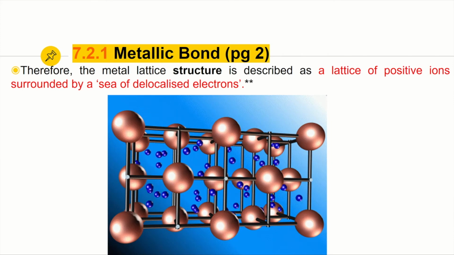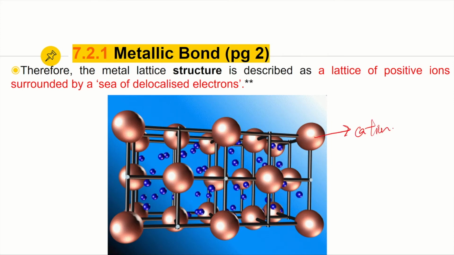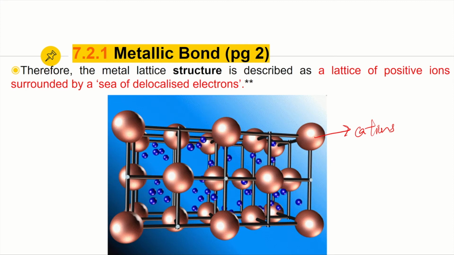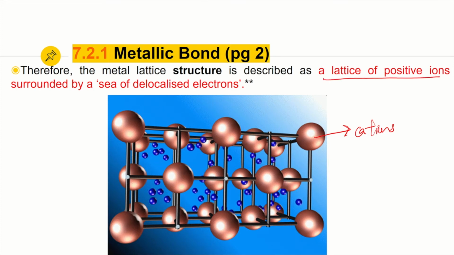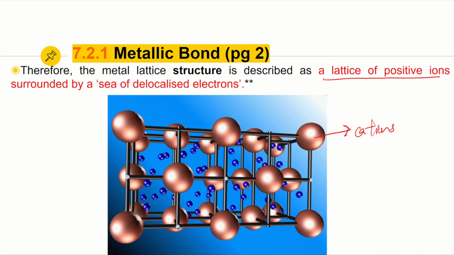All the orange balls here are your cations, and they are all stable. The electrons are just moving around freely. They are delocalized. So this structure is a lattice of positive ions surrounded by a sea of delocalized electrons.